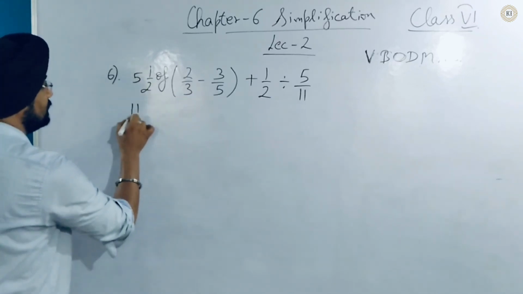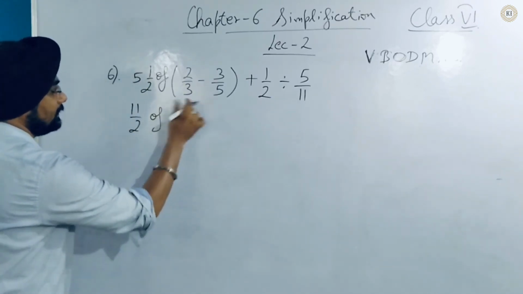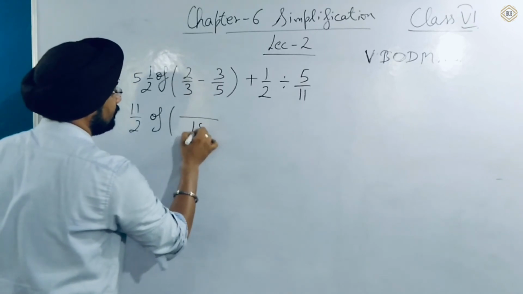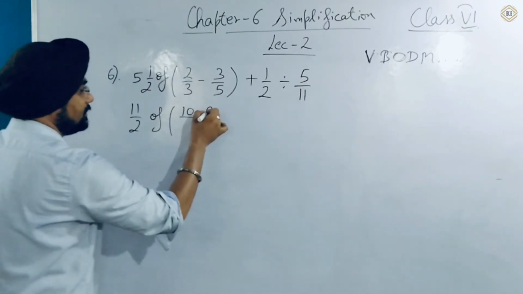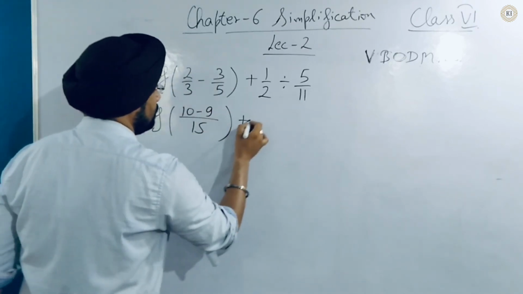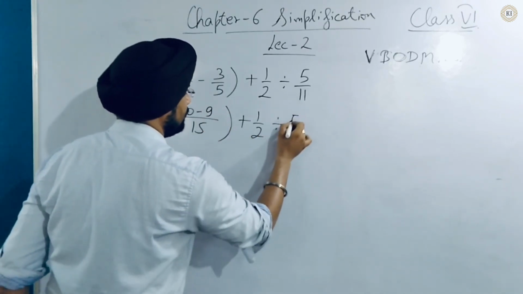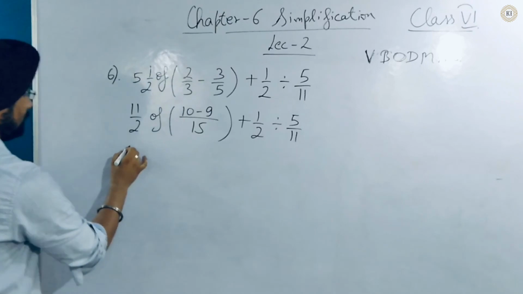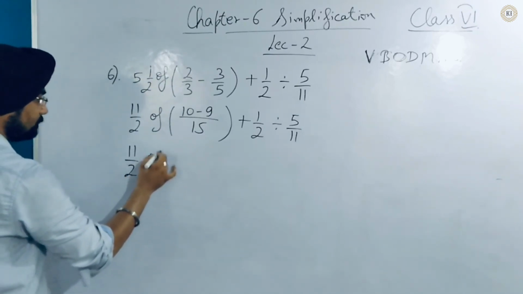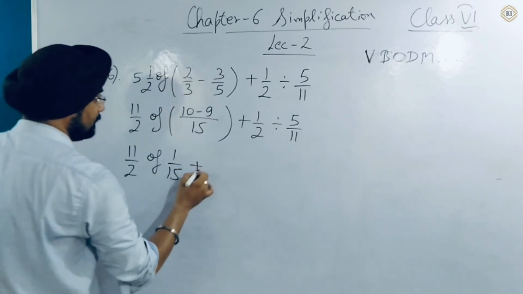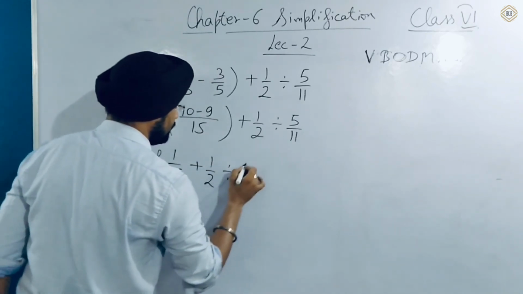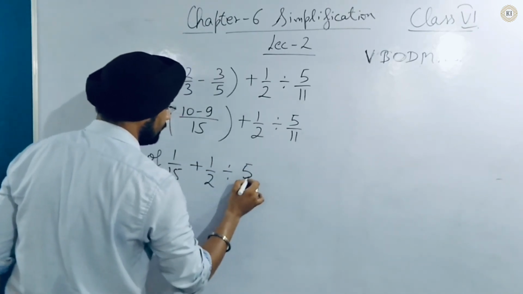It will come 11 by 2 of, inside the bracket LCM here it will be 15, 3 5s are 15, 5 2s are 10, 5 3s are 15, 3 3s are 9, plus 1 by 2 divide 5 by 11. Now 11 by 2 of 10 minus 9, 1 upon 15 plus 1 by 2 divide 5 by 11.